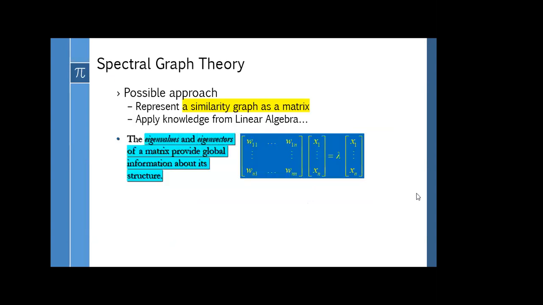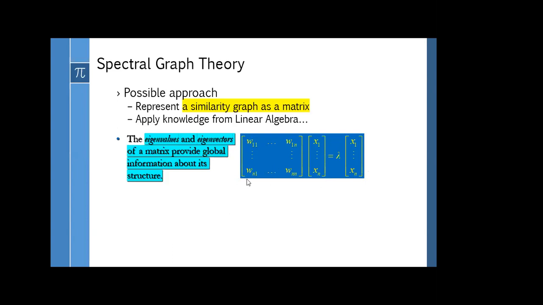So first step, we have our weight matrix. We are able to calculate, weights are all non-negative, right? They might be zero if there is no connection, but they are positive if there is. We can calculate eigenvalues and eigenvectors of this matrix.